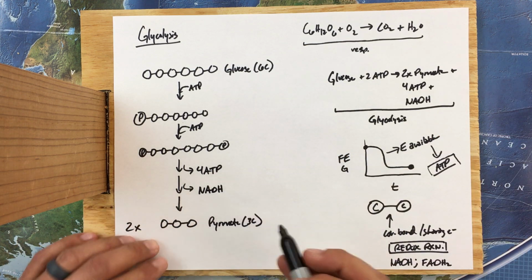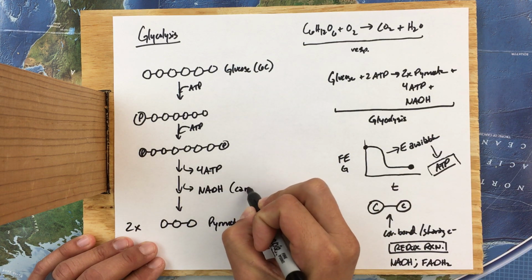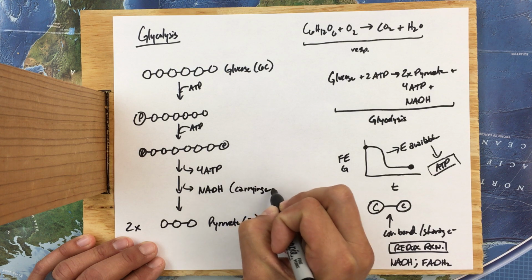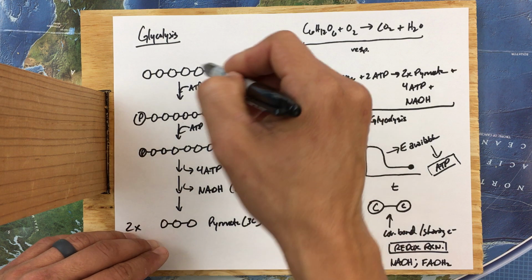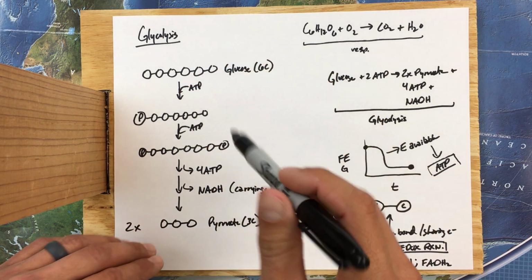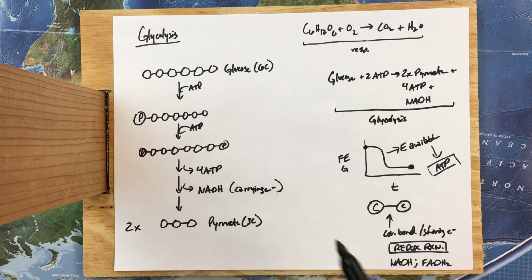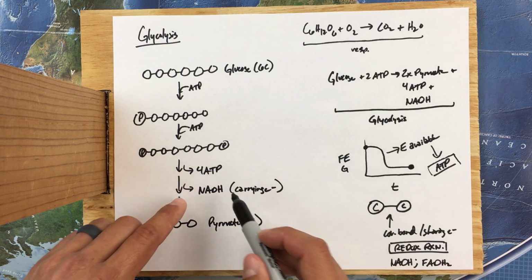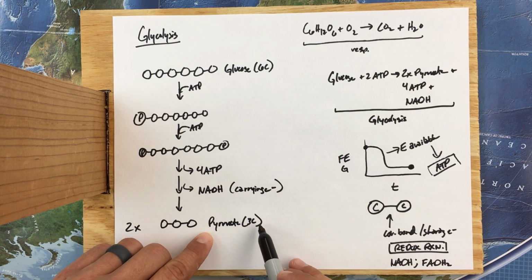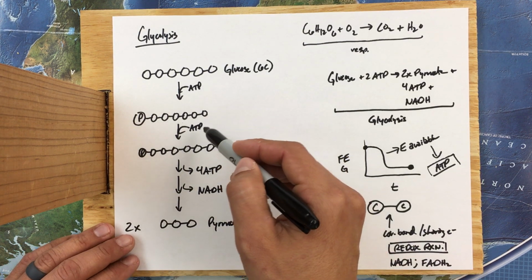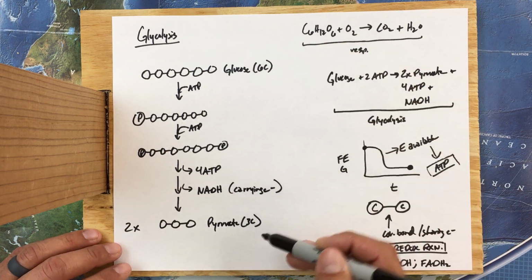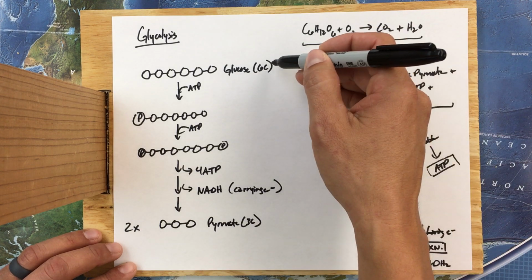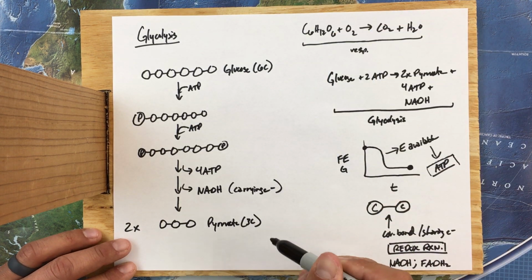The NADHs are going to be carrying a high energy electron that used to be within this carbohydrate molecule, this molecule of glucose. And so those are our products. We've got 4 ATP, NADH, 2 molecules of pyruvate. We invested 2 ATP, so we net 2 ATP as our yield. We began with glucose, we end with pyruvate. Glucose has got 6 carbons, pyruvate has got 3 carbons.